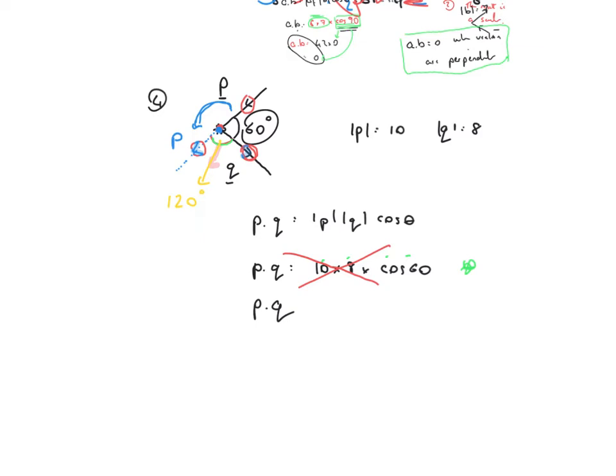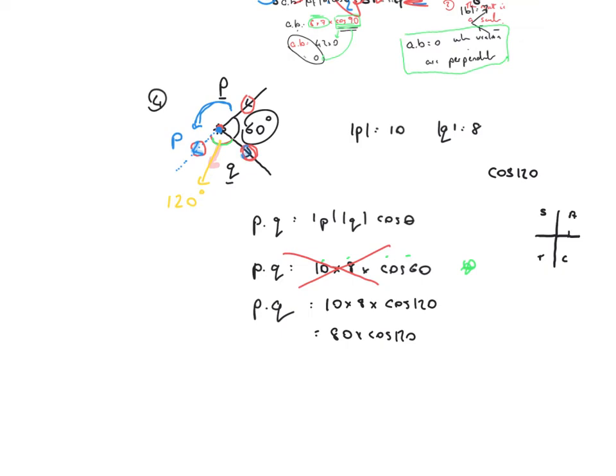Okay, so now what I've got is 10 times 8 times cos 120. So that's 80 times cos 120. Now for cos 120, what I need to do next is go to my CAST diagram and start to pick up some of my acquired trig knowledge.